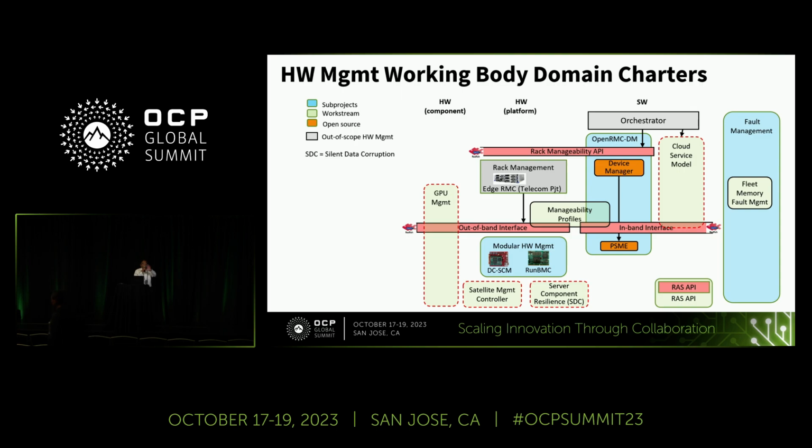So this is the overall structure that we have today. And as I said, some of the areas that are shown dotted just got recently added to the hardware management project charter. And by next year, you will start seeing more and more work from those work streams.